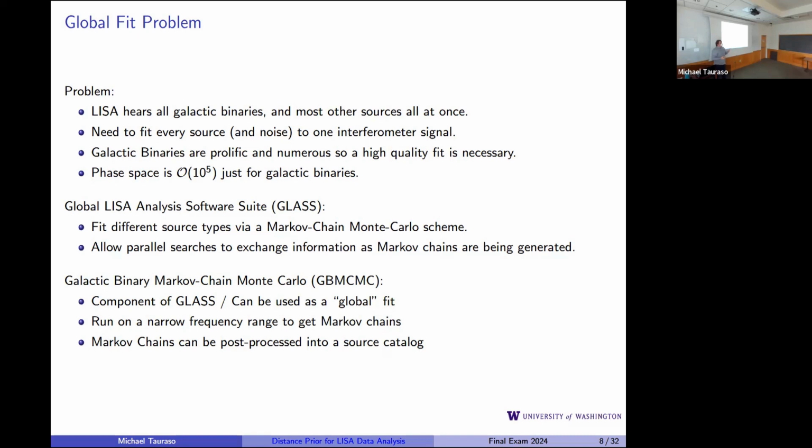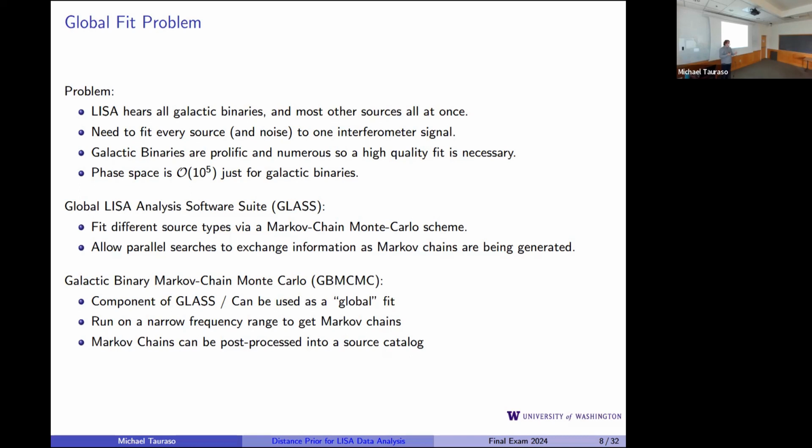For LISA sources, most of them are continuous. So we're hearing every source at once, and the individual models for the sources are different. When we have a source like galactic binaries, where we're expecting millions of them to be in the data and to be able to resolve thousands, fitting those is very important in order to get reasonable values for any of the other things we're expecting to see with LISA.